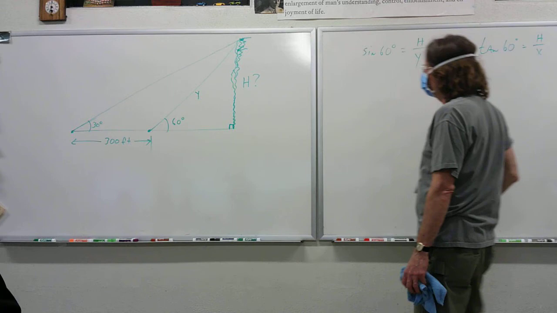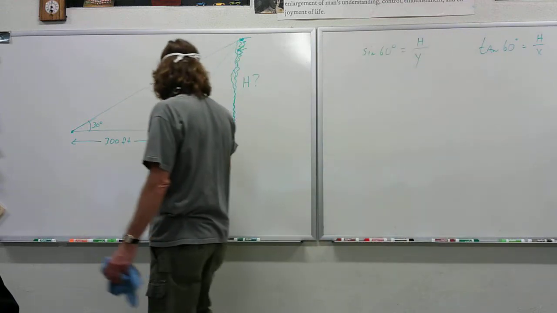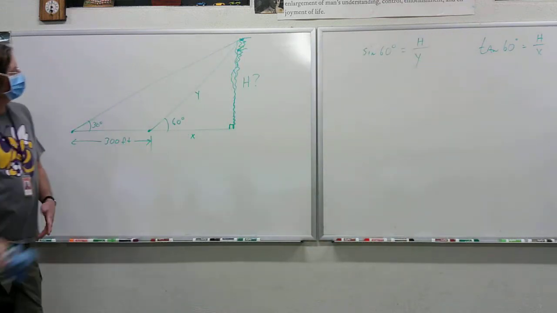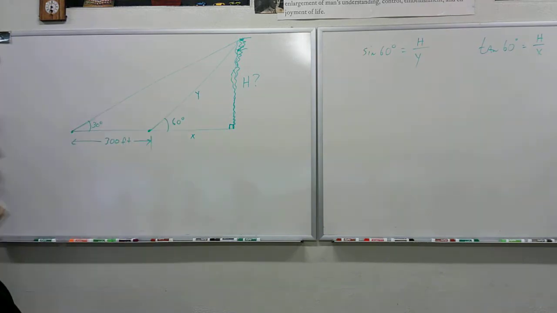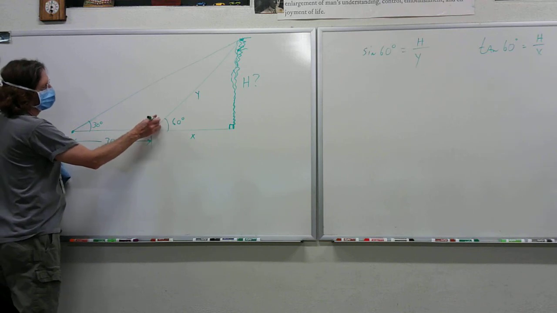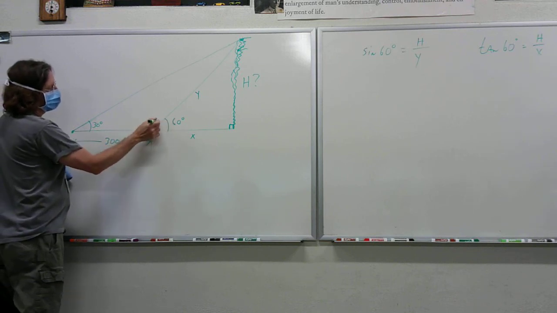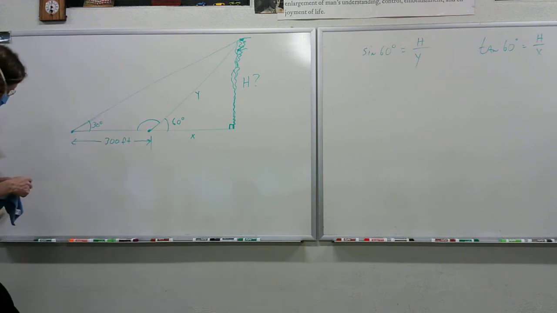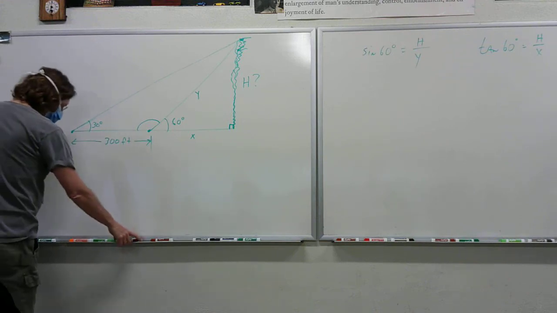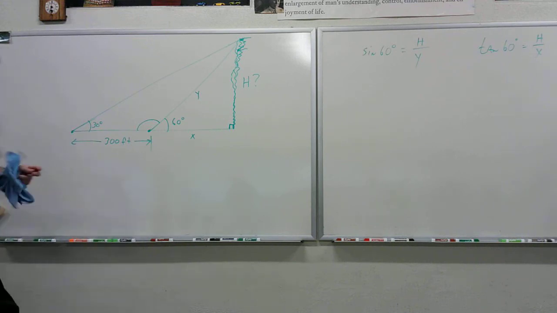I'm going to go ahead and write that up there. I should have erased that, but I did. But do you realize it could be pretty easy to find the y value right here? It might be easy to find the y value. Okay? And here's what I'm getting at. I know that's 60, so do I know how much this is? Yeah. How much is that? 120. Okay, I'm going to put everything that I'm going to have to find out in a different color so we can kind of watch.